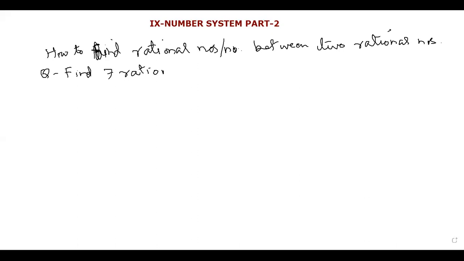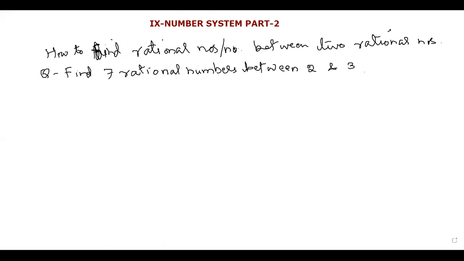Find 7 rational numbers between 2 and 3. We are taking a simple example, 2 and 3.